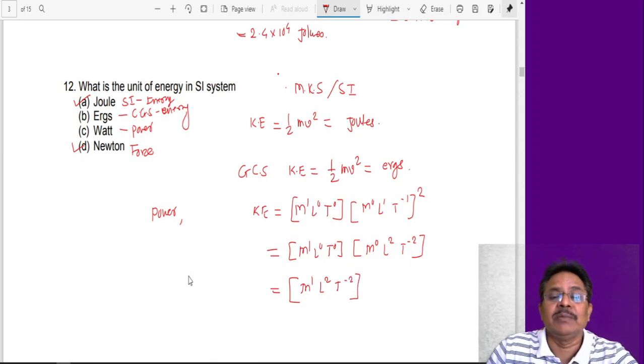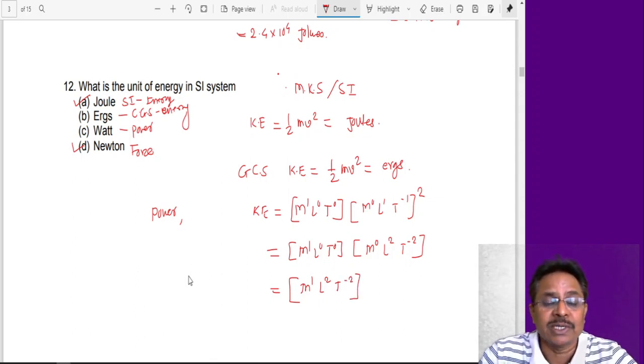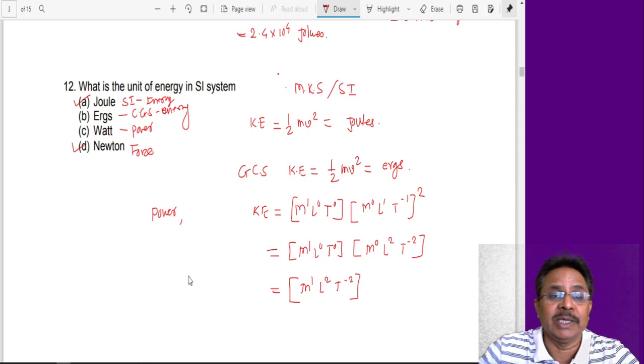So this again may be asked sometimes: which are the correct dimensions of energy in general, maybe kinetic energy, potential energy, total energy, or any energy. Every energy has dimensions M¹ L² T⁻².